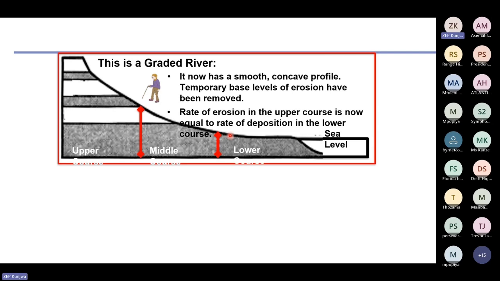If you have more erosion, you are going to have a lot of holes being dug by the river. If you have more deposition, you are going to have new landforms being formed. But when the balance between erosion and deposition exists, you are going to have a smooth graded profile.